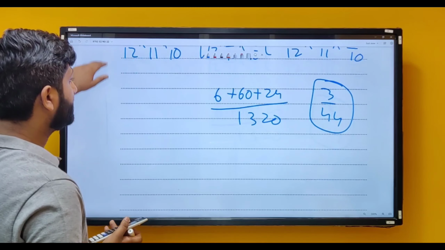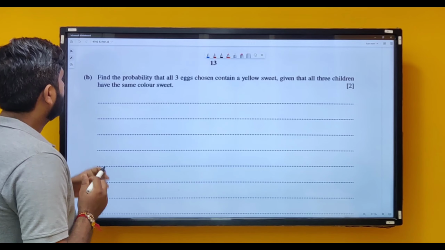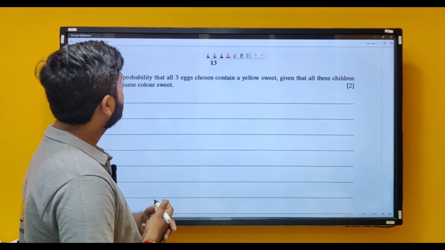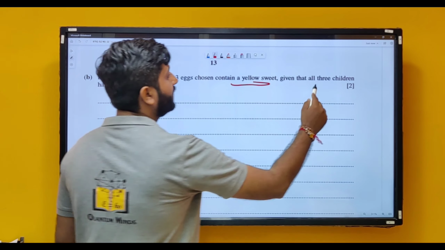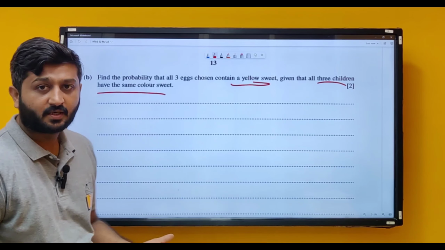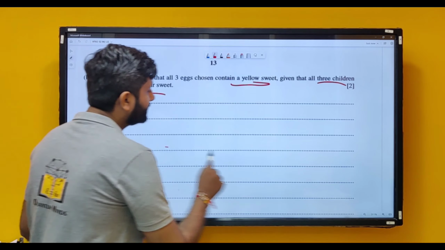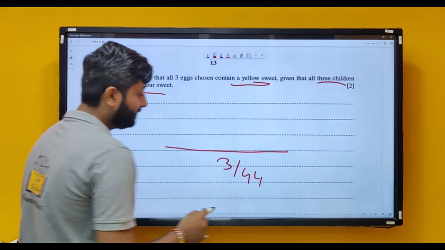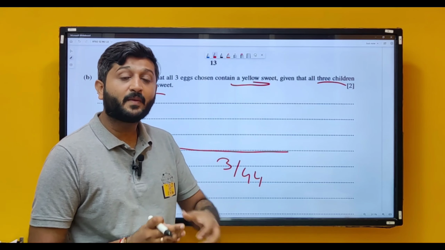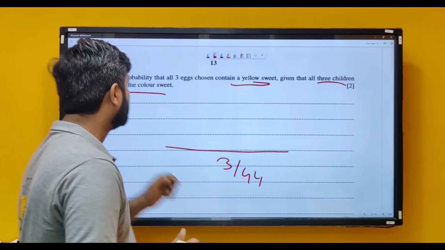Let us move to the part B of this question. Part B. Find the probability that all 3 eggs chosen contain a yellow sweet given that all 3 children have the same color sweet. So now we know that all the 3 children have the same color sweet, which is 3 by 44. And out of those, how many of them will have all 3 as yellow?